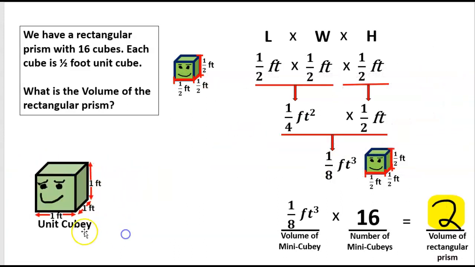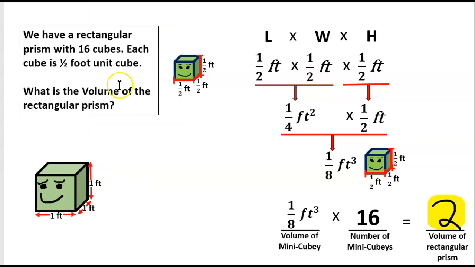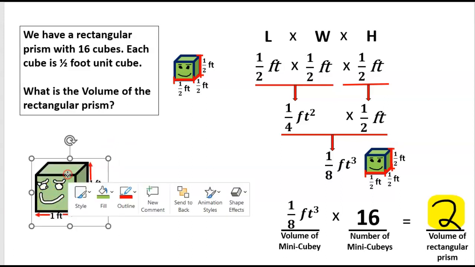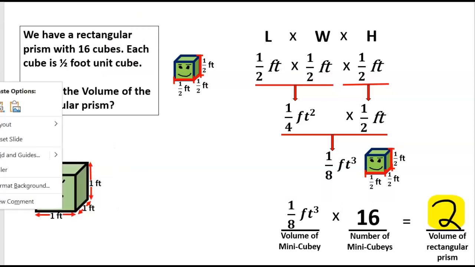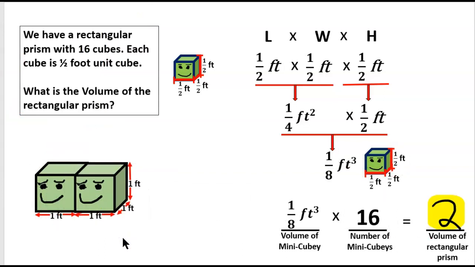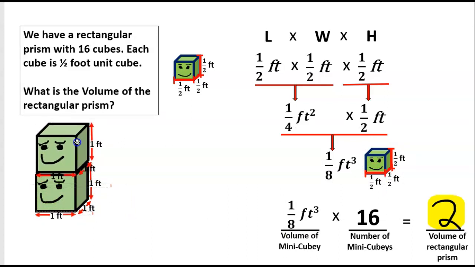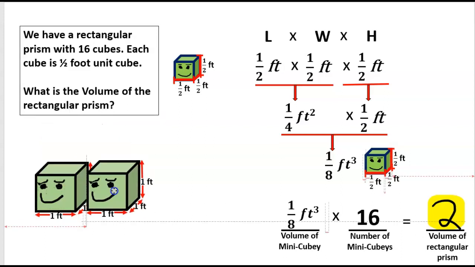So it could look like, one, and we're going to have one more of these. Copy. It could look like this. That could be it. Or it could be like this. I don't think there's any other way to build it out with two unit cubes.